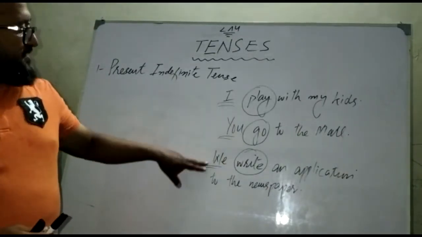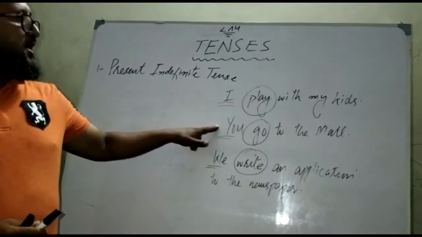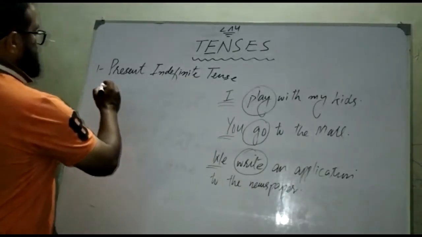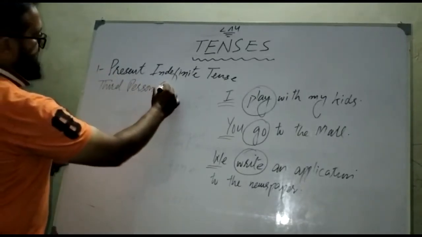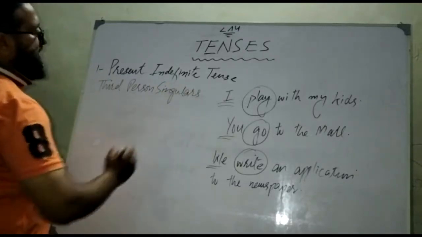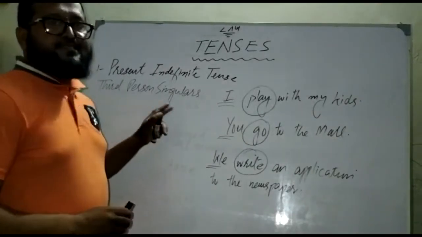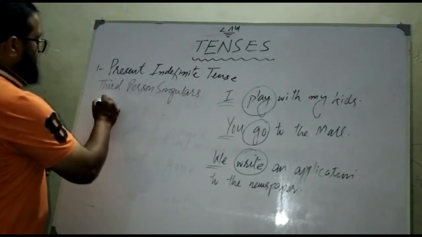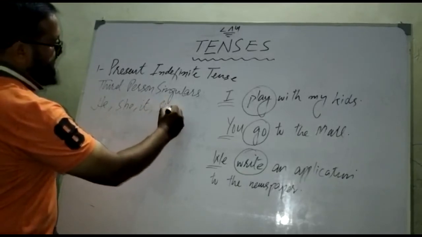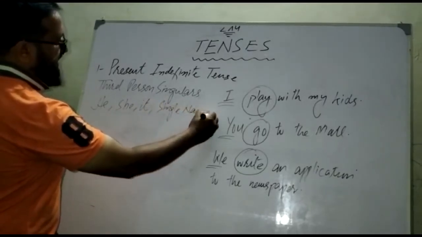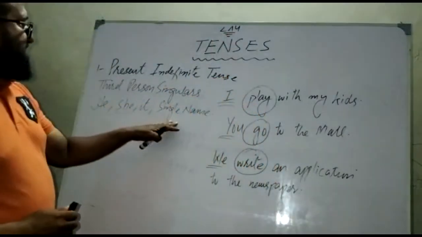This is the first person, this is the first person, this is the second person. I have not told you about the third person. Now we are going to study the third person singulars. As you already know what are singulars and plurals, we are talking about the singulars. Third person singulars are he, she, it or any single name, like Ali, like John, like Maria, etc. So these are single names.